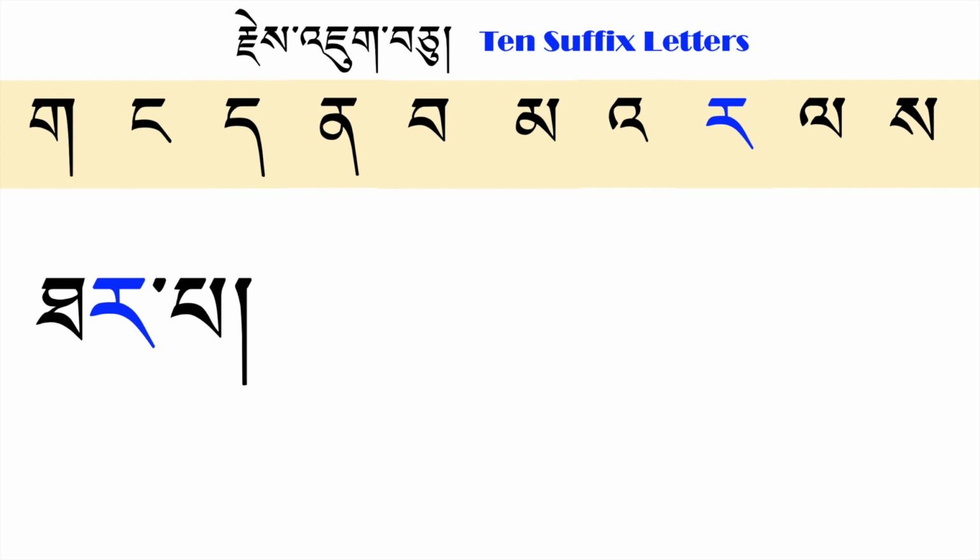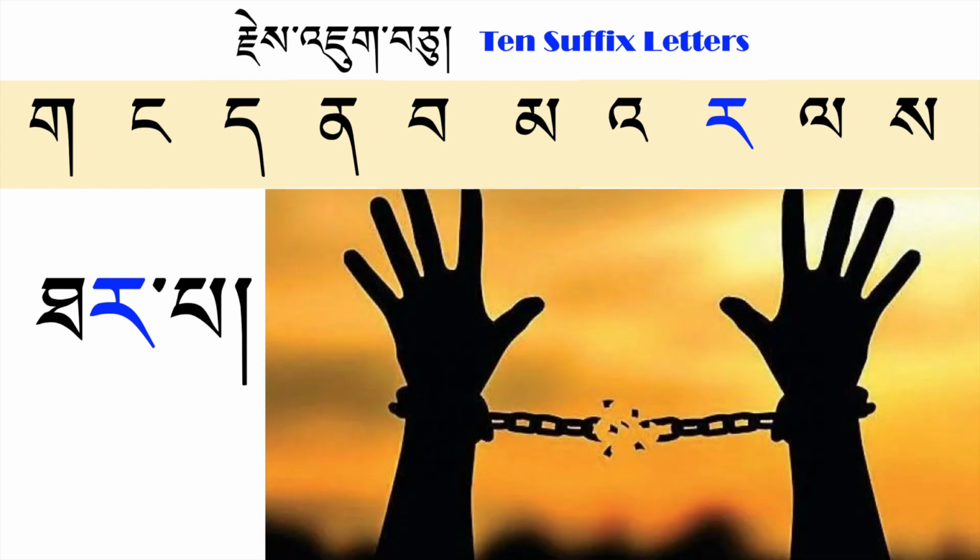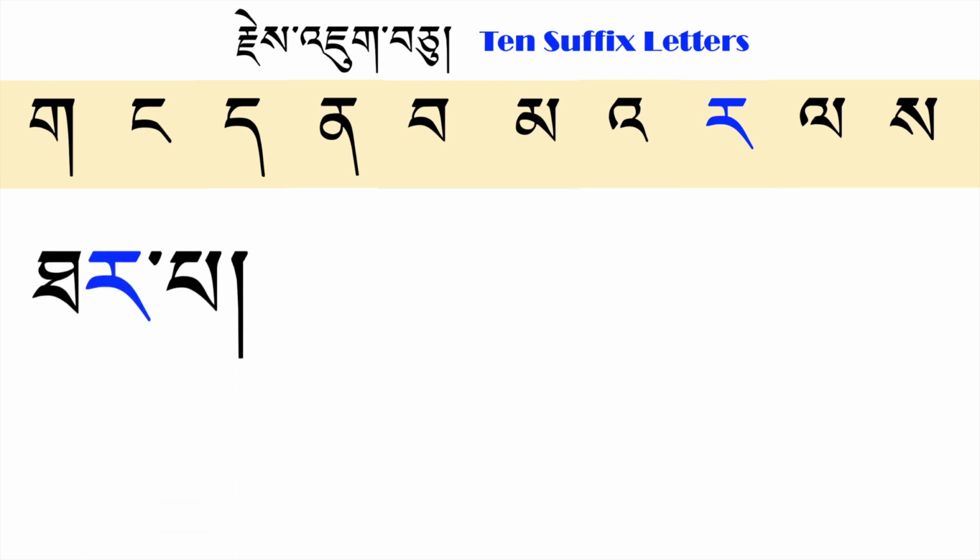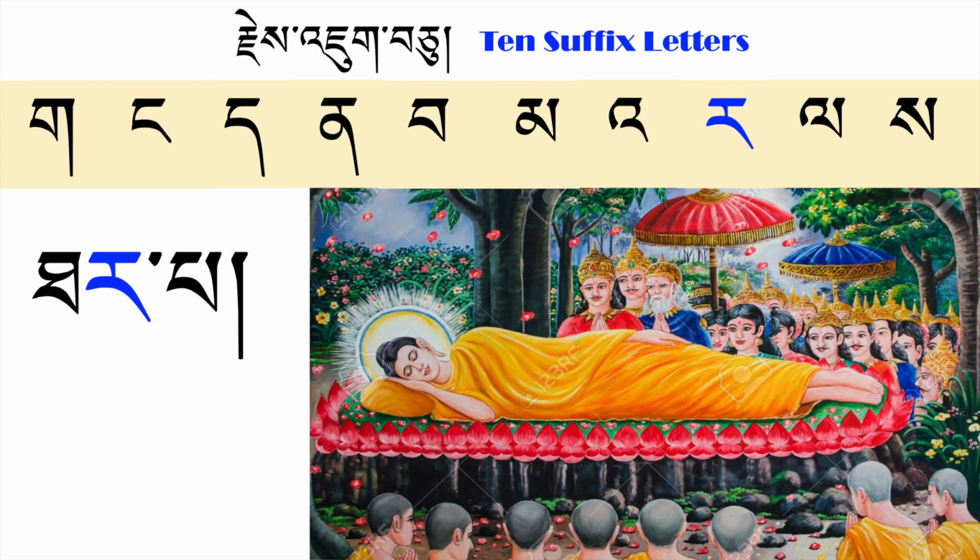Tarpa means liberation, and when you go to jail and are set free, that is also liberation from jail. It is called tarpa. Next we have another word, tarpa, which here means enlightenment. The Sanskrit word nirvana is also tarpa.